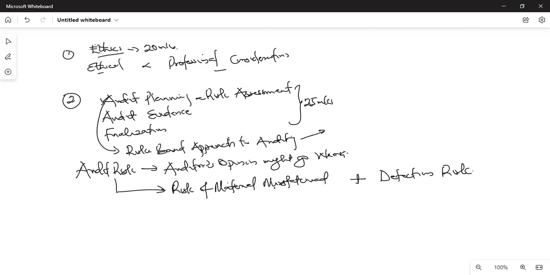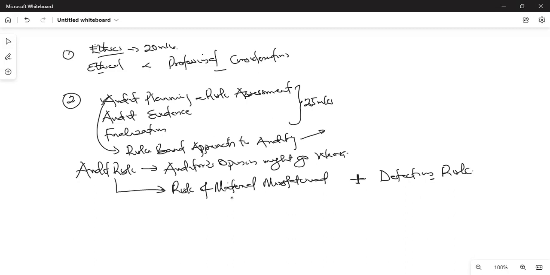What do we mean by that? We are saying that risk of material misstatement simply means that there is a risk that the company has done something that might affect the financial statement, right? But the auditor could not spot them during substantive testing. So that one is the detection risk. The auditor not being able to detect or spot it is what we call detection risk.